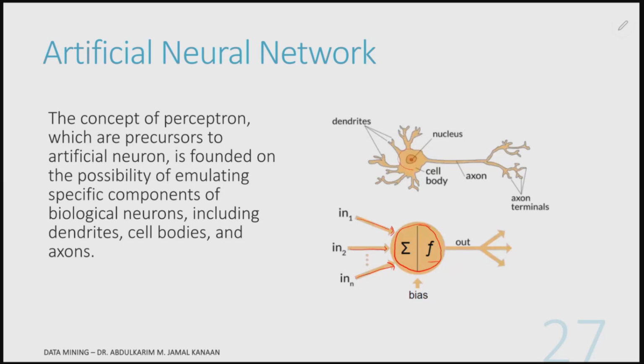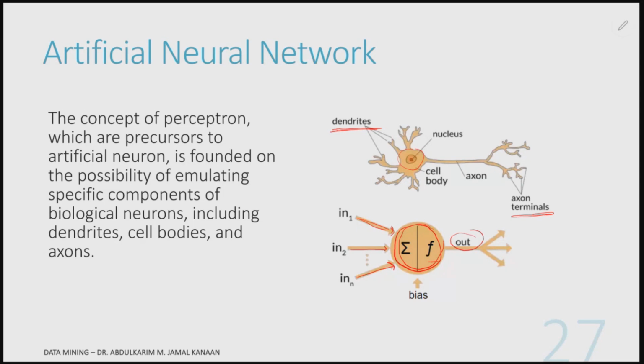So we have the cell body, which is the unit of processing that does some calculation, and then we have dendrites on the biological neuron. Here we have inputs, and terminals for moving the signals out of the cell. Here we have the output signal or the output value. Okay, later we will talk about it when we get to artificial neural networks.